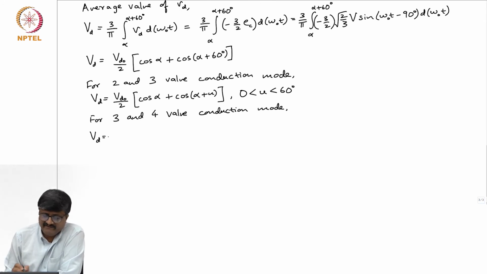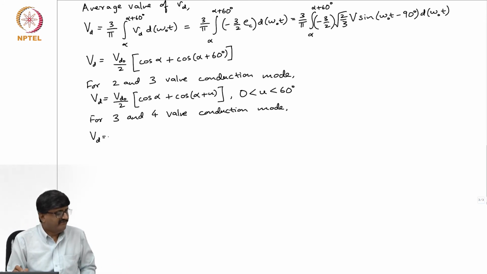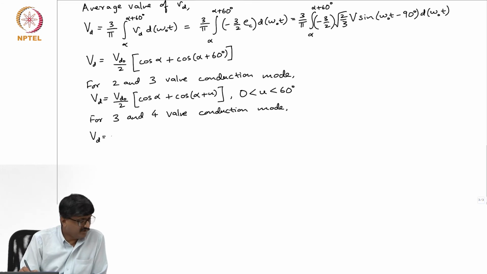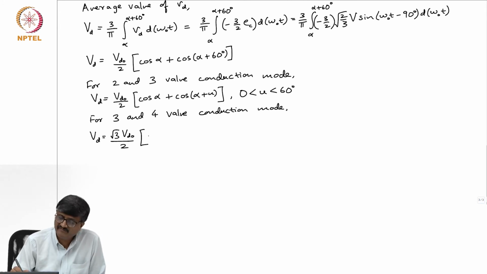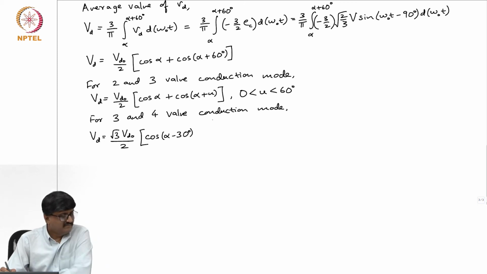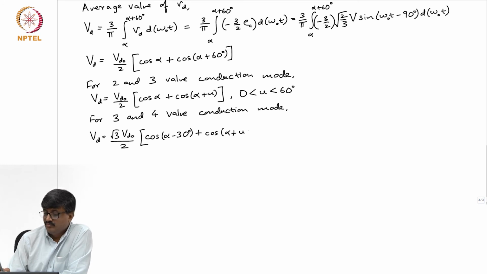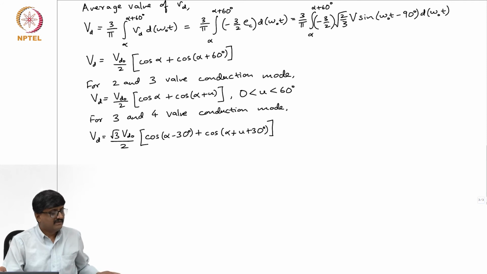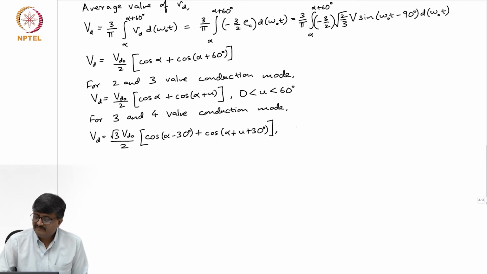The equation that we derived is Vd equal to root 3 Vdo by 2 cos alpha minus 30 degrees plus cos alpha plus u plus 30 degrees. This equation is valid for u greater than 60 degrees and less than 120 degrees.